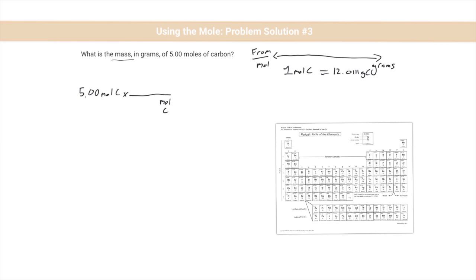We know the 1 goes with our moles, which means this must go on top. Grams, and that's what we want to convert to anyway, right? Grams of carbon. 12.0111. Assure ourselves that our units cancel, which they do. Do our math. 5 times 12.0111.